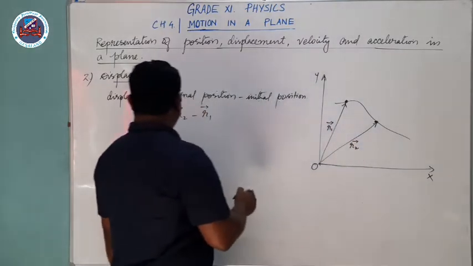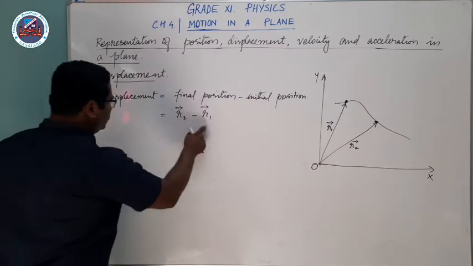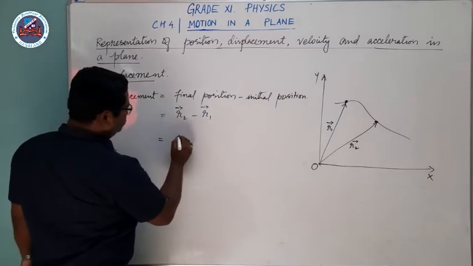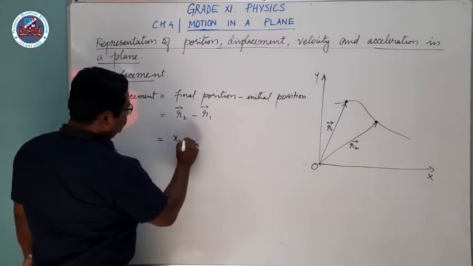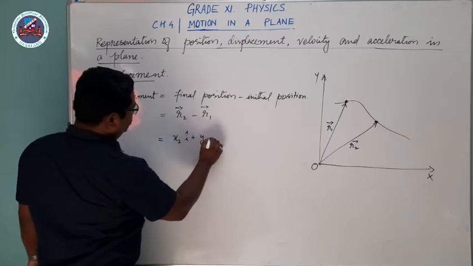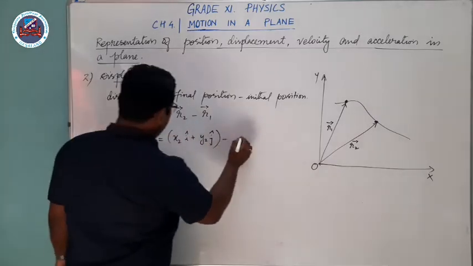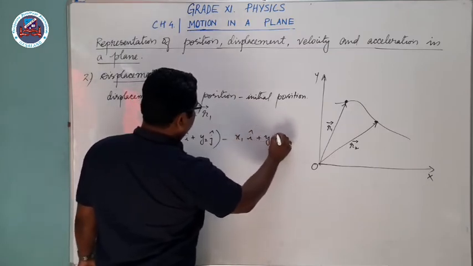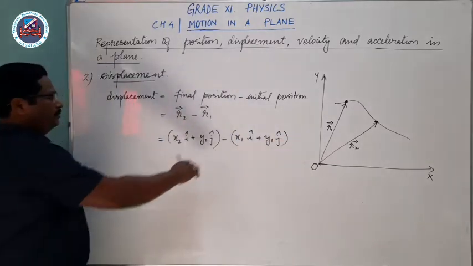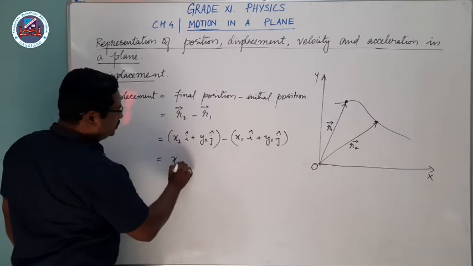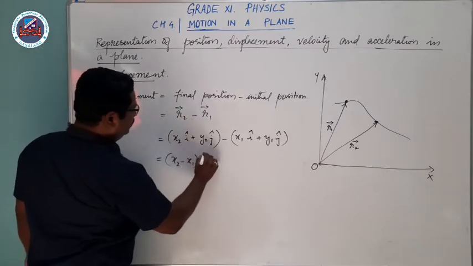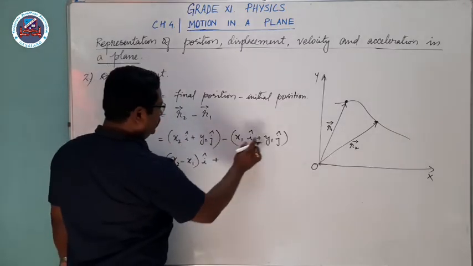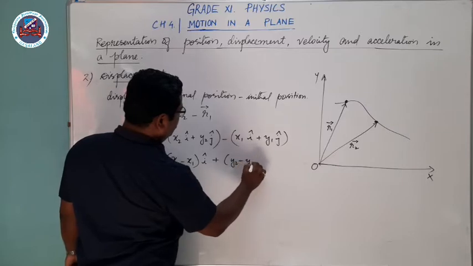And you have just seen how to write R2 and R1: R2 is x2 i cap plus y2 j cap, minus x1 i cap plus y1 j cap. In component form it becomes x2 minus x1 i cap plus y2 minus y1 j cap.